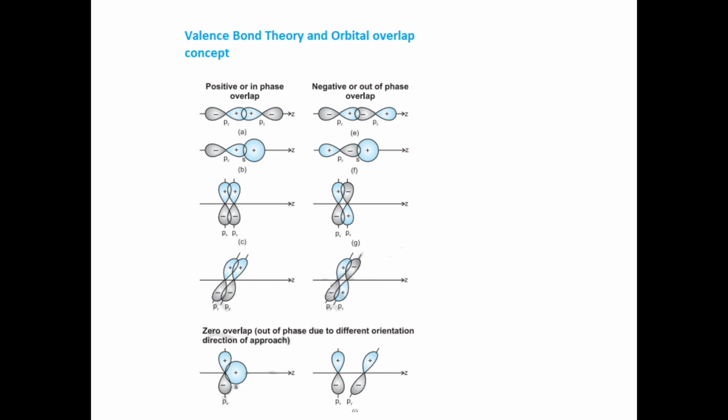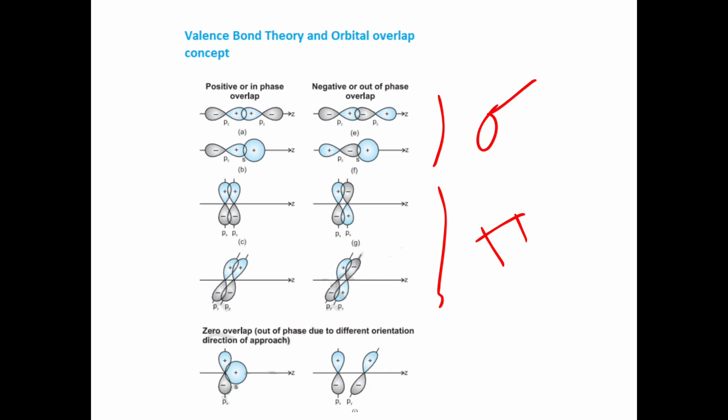Now coming to the valence bond theory and orbital overlap concept. The positive or in-phase overlap of the two orbitals along the axis will give a sigma bond, and the lateral overlap will give the pi bond. These are examples of the pi bond.